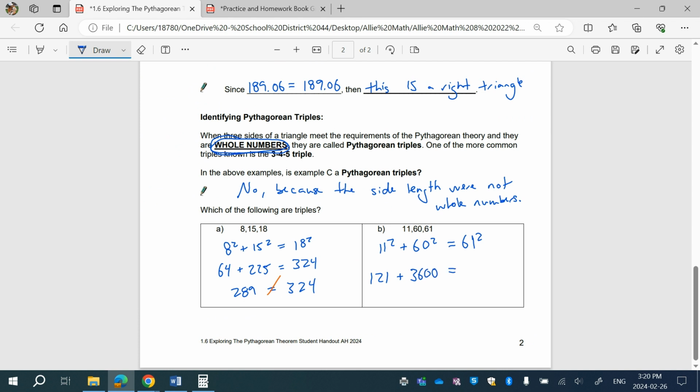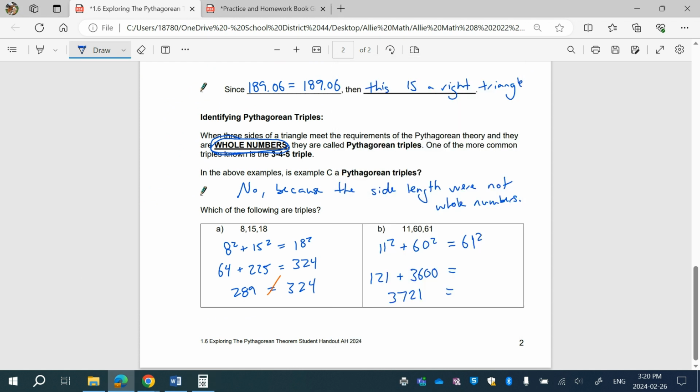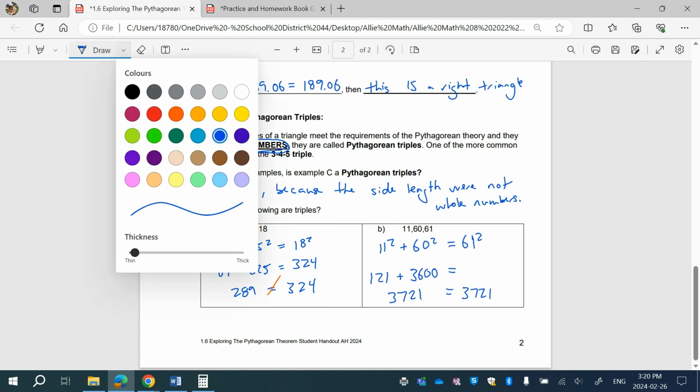I can do this one in my head. 121 plus 3,600 is going to be 3721. Does that equal 61 squared? 61 squared is 3721. So yes, indeed, this is a Pythagorean triple.